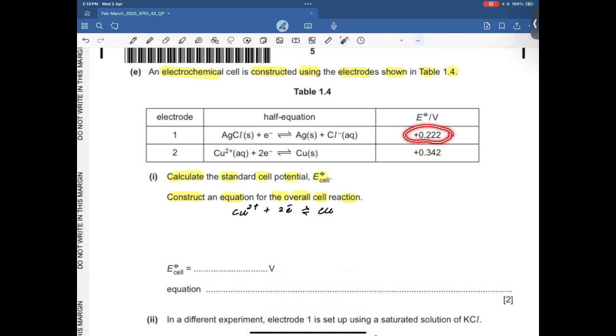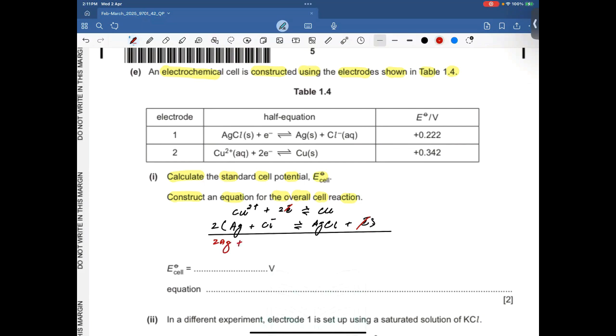And since this half cell has a less positive value, I need to flip this equation. Now I need to balance the number of electrons. We have 2 electrons here and 1 electron here. So I will multiply this equation by 2 so that we can balance the number of electrons. After balancing electrons, we need to cancel out. And the final equation is going to be like this.